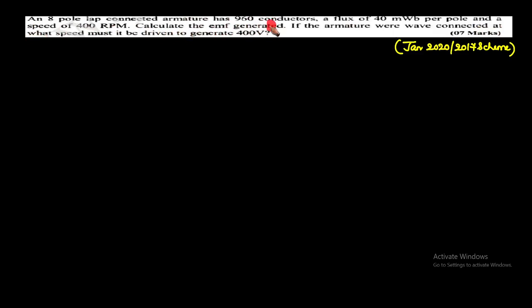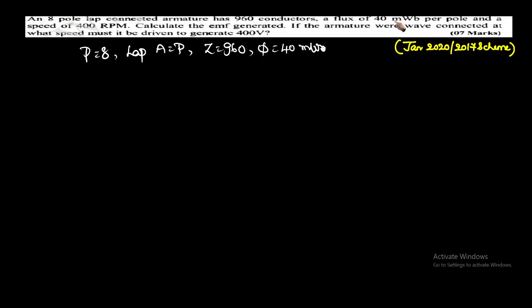First we have to calculate the EMF generated. So how many poles are given? 4 poles. Next is lap connected, lap means A is equal to P. Next, armature conductors Z is given as 960 conductors. Flux phi is equal to 40 milliwebers.